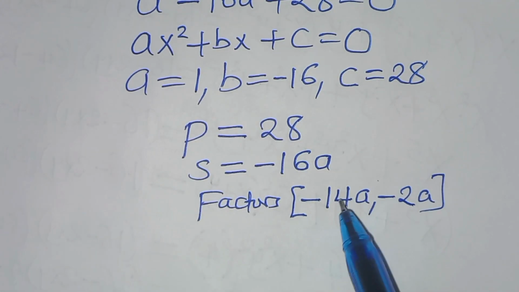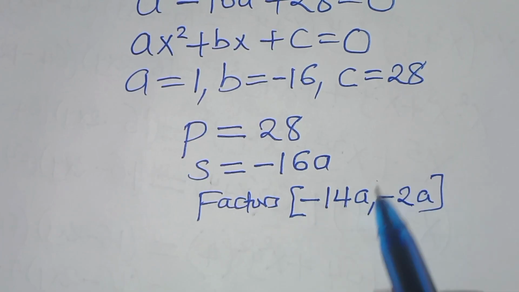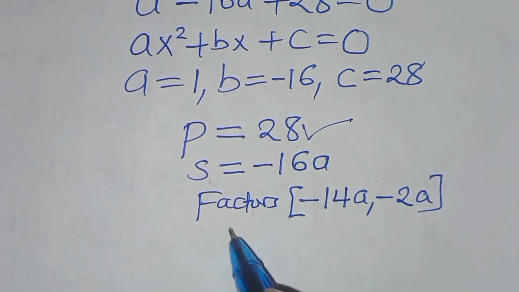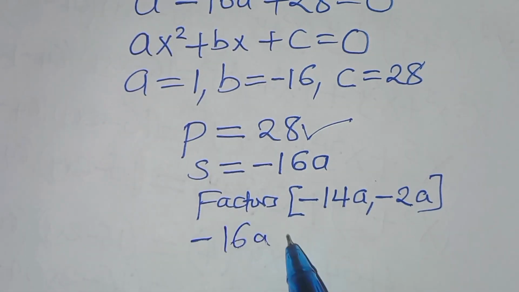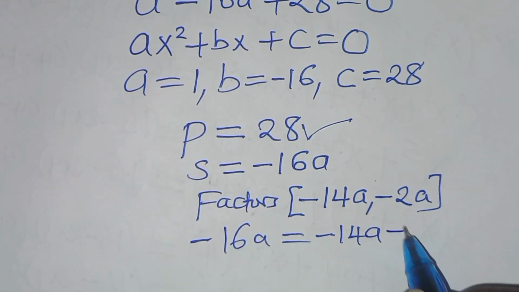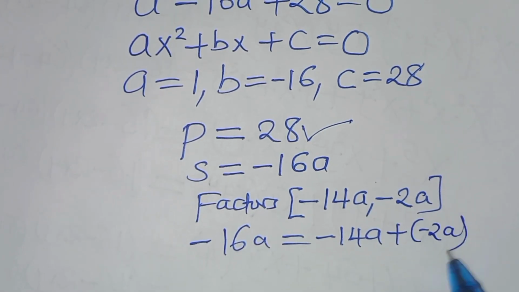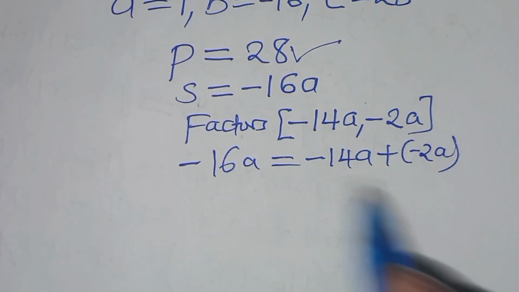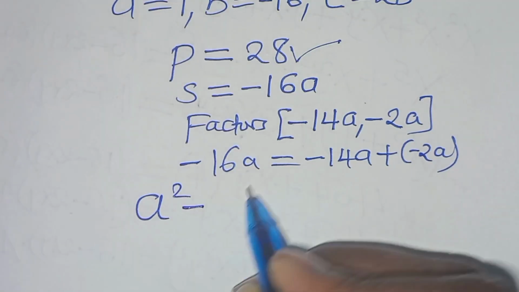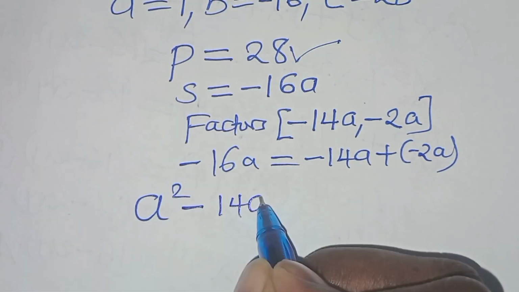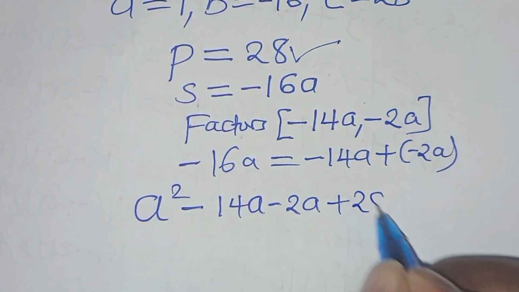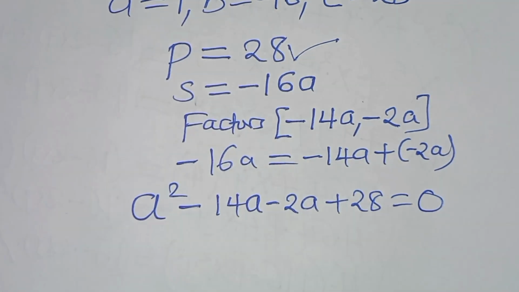Now, in this case, minus 14 times minus 2, we'll have 28. And in this case, minus 16a is the same thing as minus 14a plus minus 2a. So that the quadratic equation now becomes a squared minus 14a subtract 2a, then plus 28. This is equal to 0.